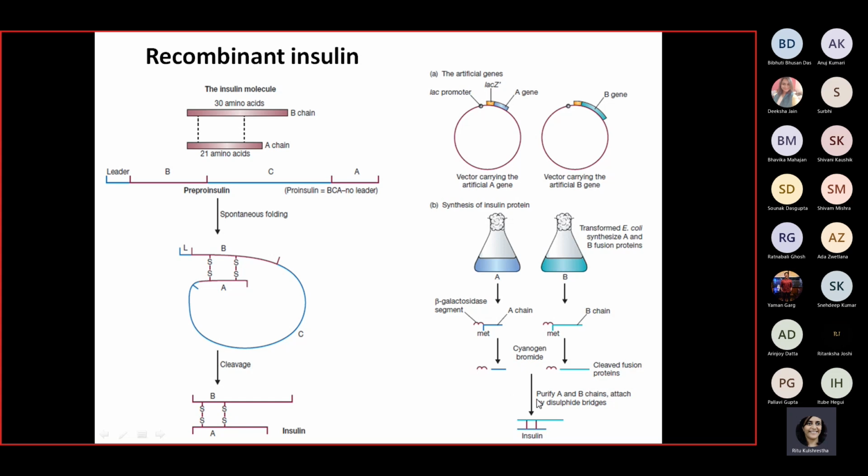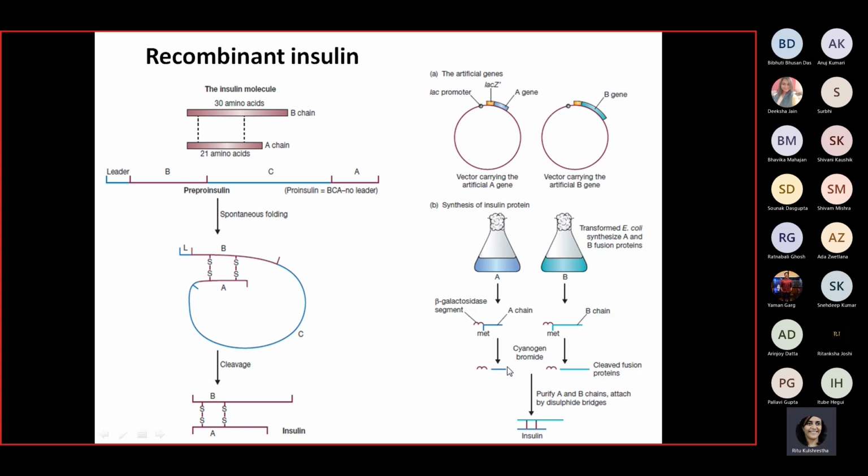One is that if there is no methionine in the body of the protein and only one methionine at its start, you can treat it with cyanogen bromide, which cuts at methionine, and this extra polypeptide is removed.